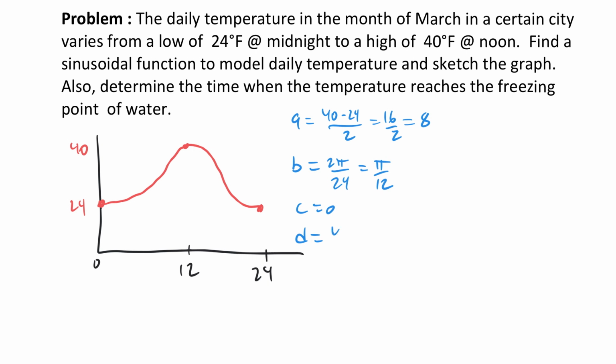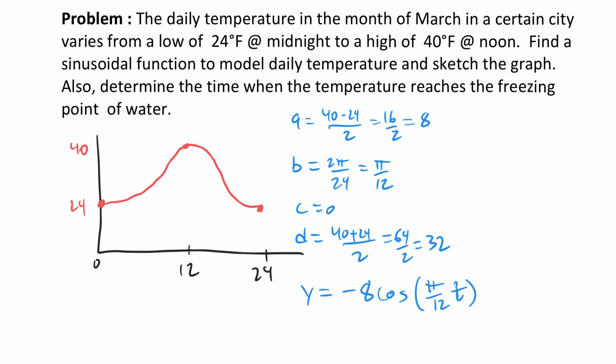And D will be top plus bottom over 2, 64 over 2, so 32. And so we would get y equals, it doesn't say what letter to use. I'd probably use T because we're talking time here. y equals -8 cos pi over 12 t plus 32.